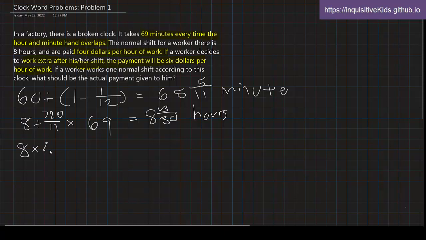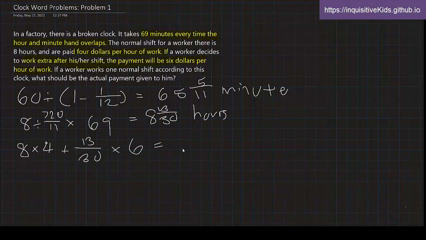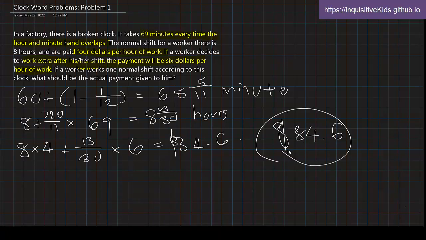So 8 times 4 plus these extra hours, 13 over 30 times 6, and we get $34.6. So the actual payment that this worker deserves for his work is $34.06.